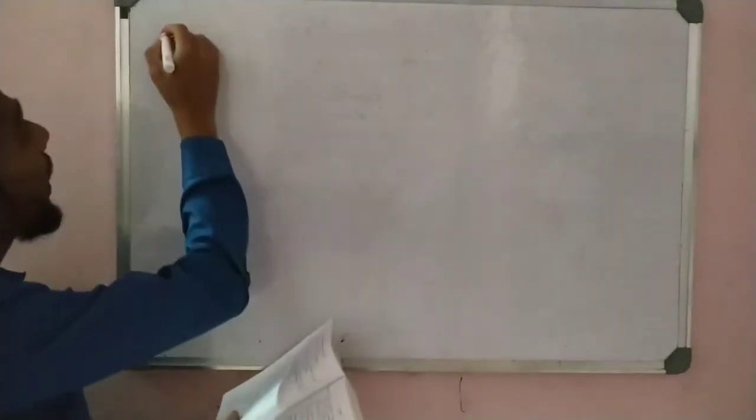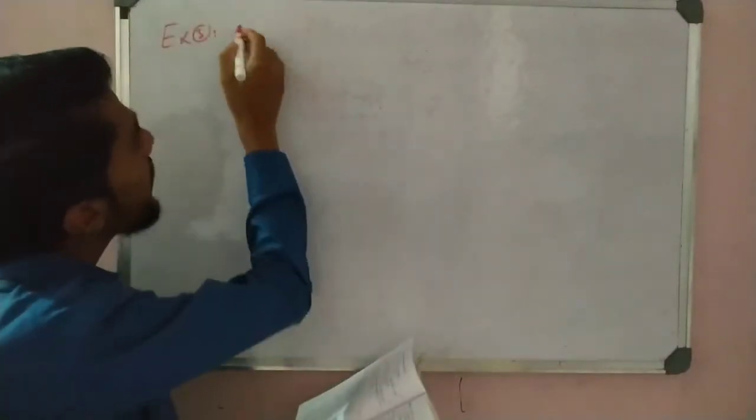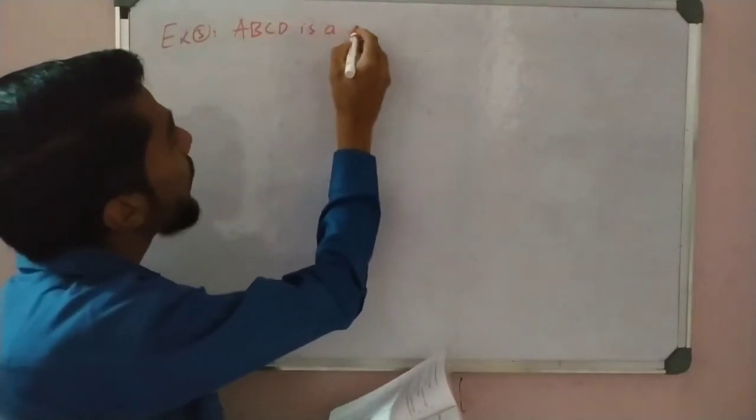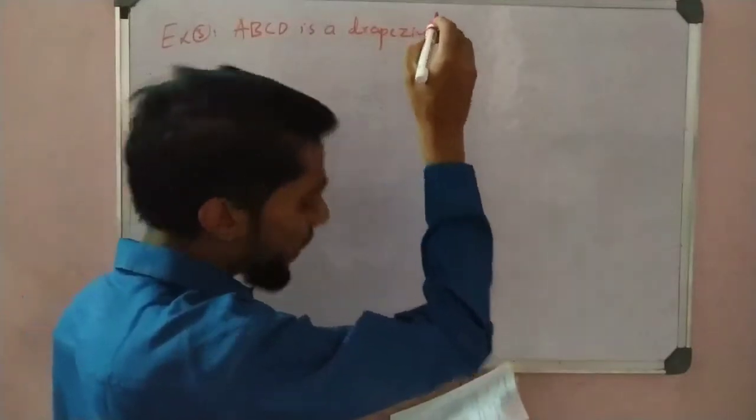Here see example number 3 of today's class. ABCD is a trapezium. The diagram is given by them.